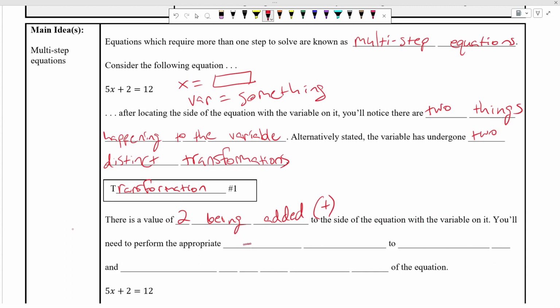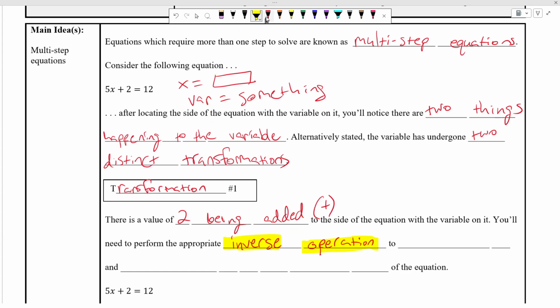You will need to perform the appropriate inverse operation. Now, hopefully, from the last lesson, you remember what this is, right? Essentially, inverse operations, a very key, important thing to understand about mathematics in general. Inverse operations mean, to keep it very simple, do the opposite of what you see. So, 2 being added, you need to subtract 2, and so forth. We'll get more into it.